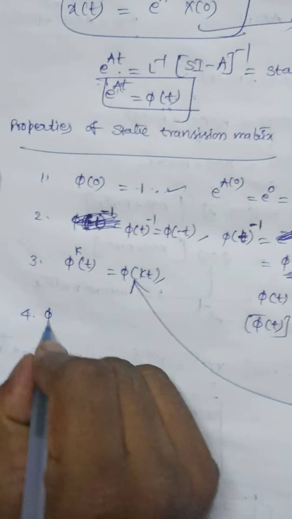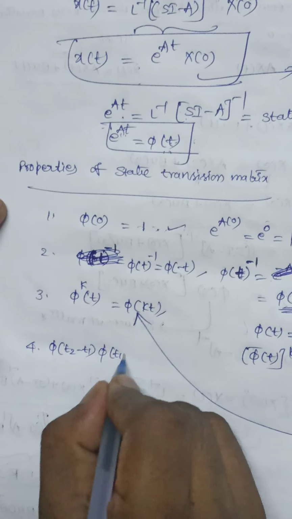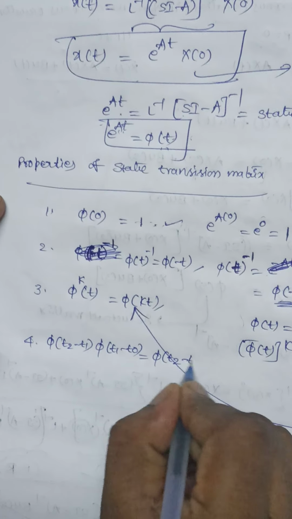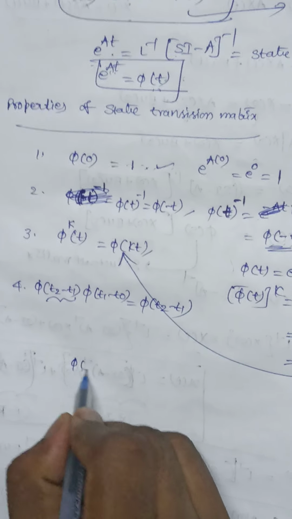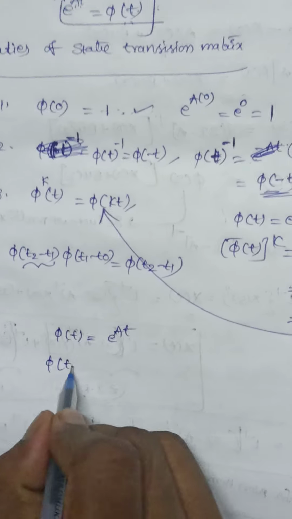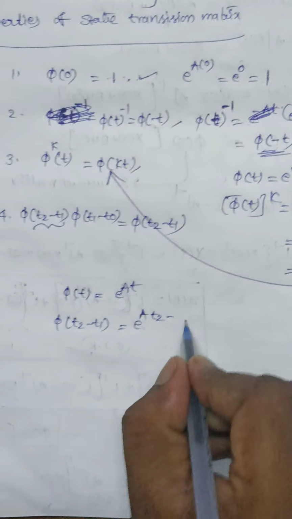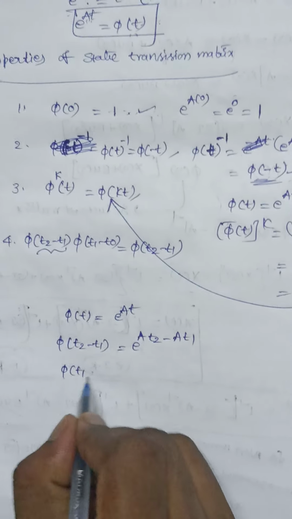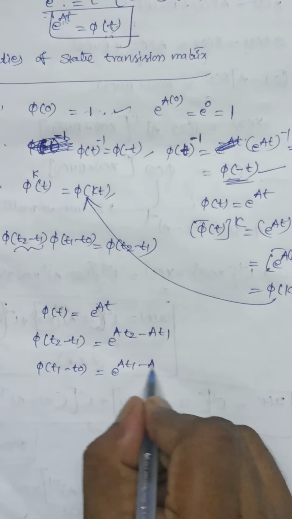Next one, phi of t2 minus t1 into phi of t1 minus t0 is equal to phi of t2 minus t0. How is it? Phi of t2 minus t1 is equal to e power a into t2 minus a into t1. Phi of t1 minus t0 is equal to e power a into t1 minus a into t0.